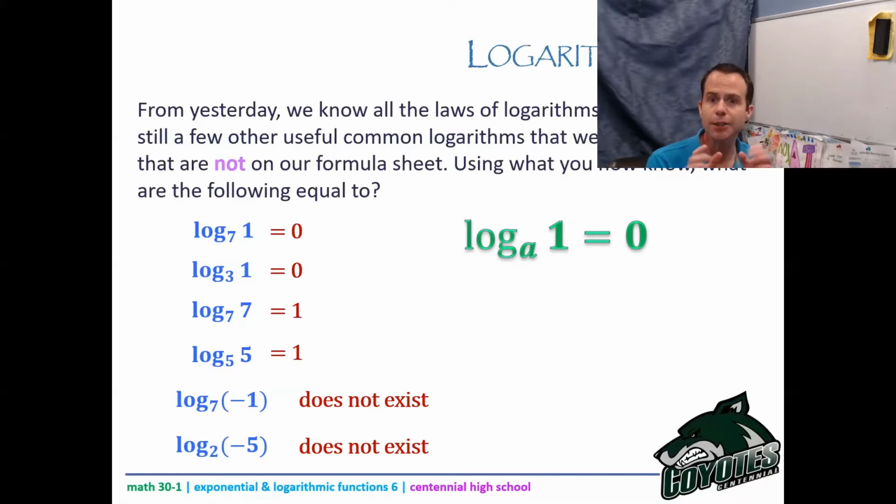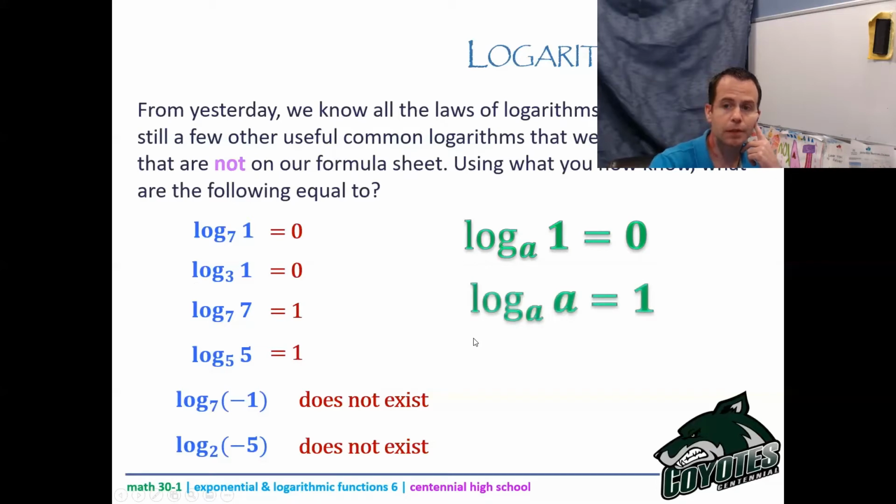That should make perfect sense if you think about the change of base identity. It said we could write this as log 7 over log 7, and anything divided by itself is 1. So if the base and the thing I'm taking the log of are the same, I will get 1.